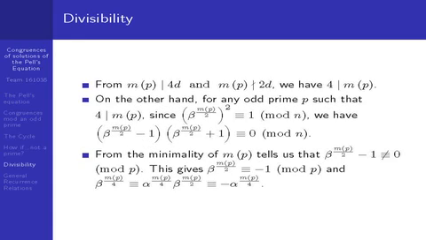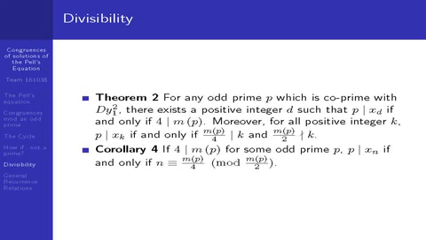On the other hand, for any odd prime p such that 4 divides m_p, by a similar process as referred above, we necessarily have that if p divides x_d, then 4 divides m_p, and for all positive integers k, p divides x_k if and only if the multiplicative order m_p over 4 divides k, but that over 2 does not.